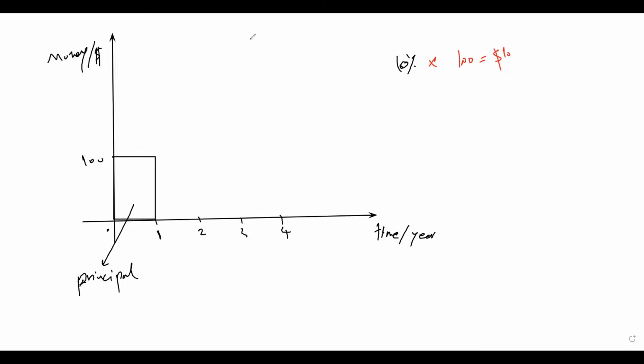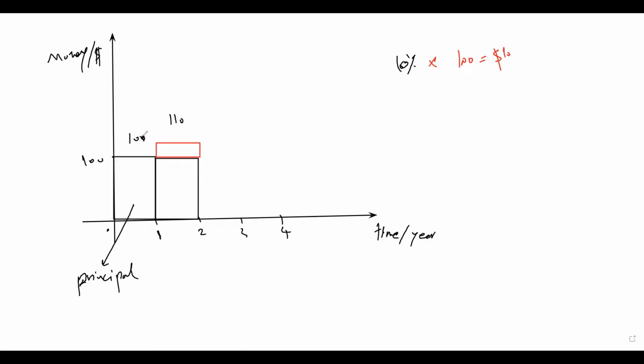So that would be added to your principal money, that is 100. So you have now 110, right? So that's your expectation. So this is 110 now. So this is 100 initially, that's what it was.